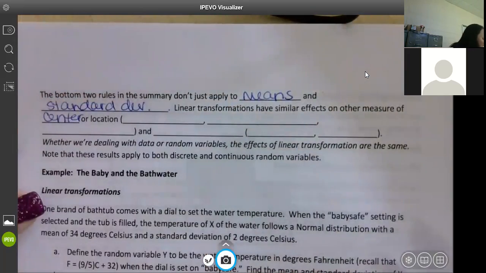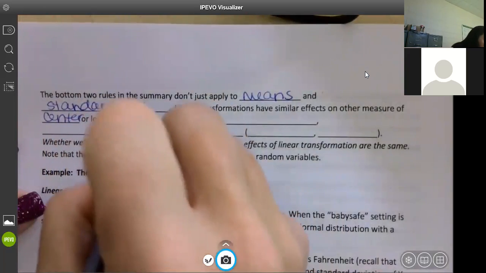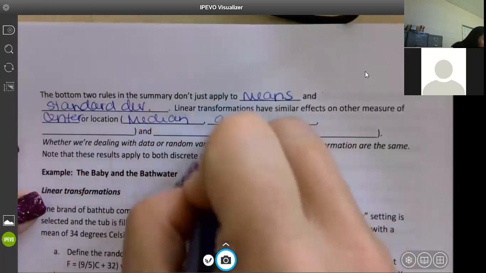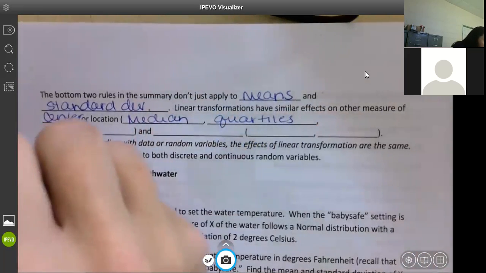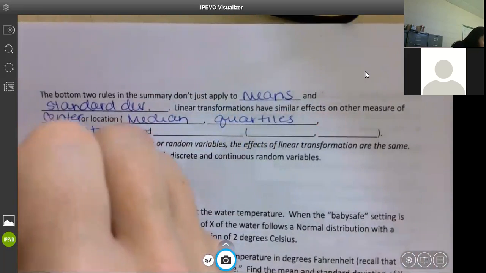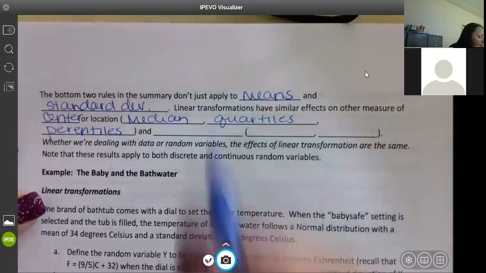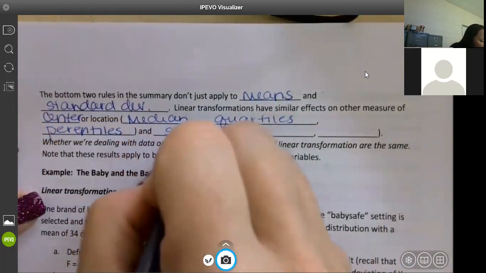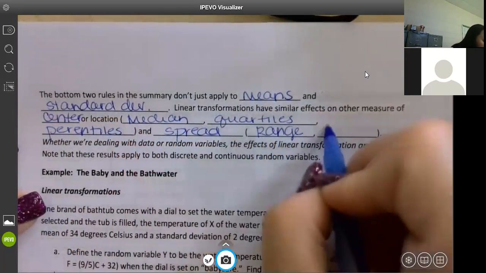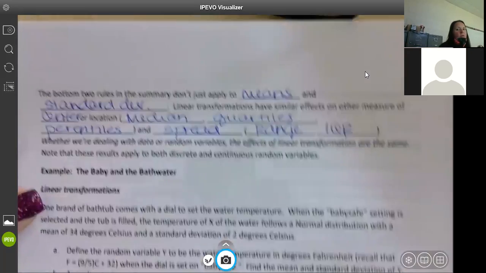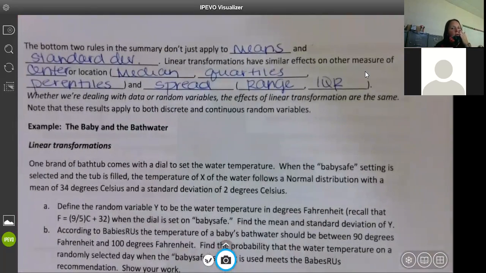So we didn't do any of these, but it does affect the median, quartiles, and percentiles, and spreads. We just did standard deviation, but we could also do range, and then IQR. Whether we're dealing with data or random variables, the effects of linear transformations are the same. Note that these results apply to both discrete and continuous random variables, so it doesn't matter which kind of variable it is.